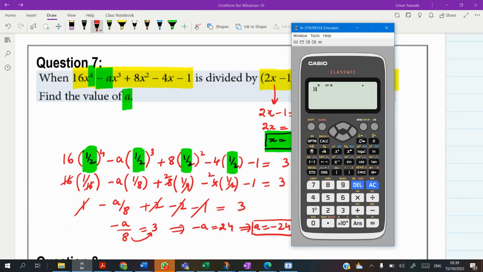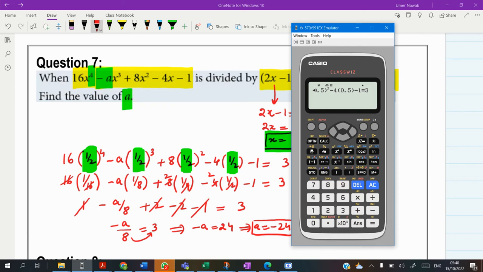I'll write 16, bracket open, 0.5, whole power 4, and in the place of a, because this is unknown, I will write x, bracket open, 0.5, whole power 3, then I write plus 8, bracket open, 0.5, whole power 2, minus 4, 0.5, minus 1 equals 3.